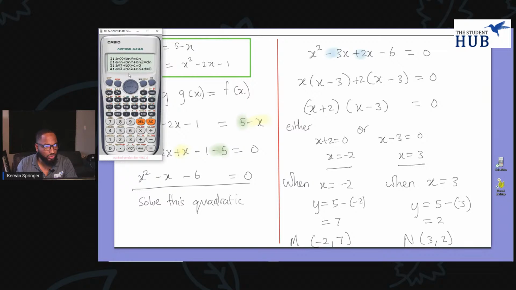Maybe not. This is not allowing me to do equations with x squared in it. But I can also solve the quadratic on the calculator.